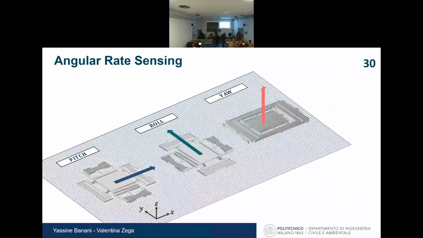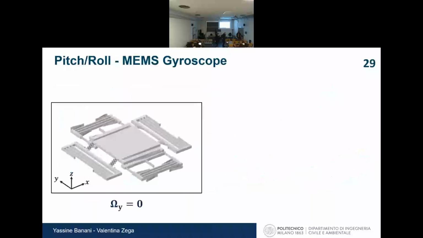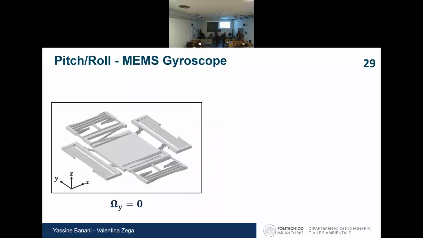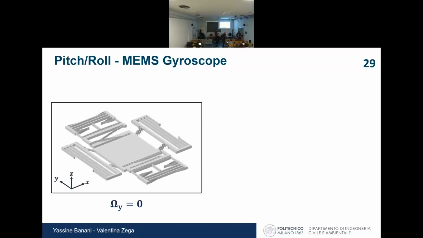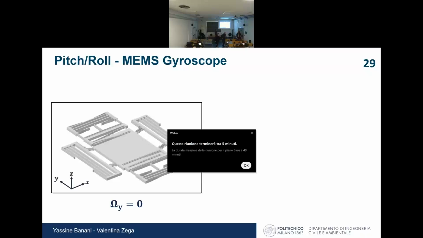Yes, we start from the movement that we want. Before starting to design, we know that we want the central mass to move in the vertical direction, and we want this to move in the horizontal direction. So we constrain them. For example, this needs to be very rigid, because we need a perfectly rigid motion. We don't want deformation of the central mass.